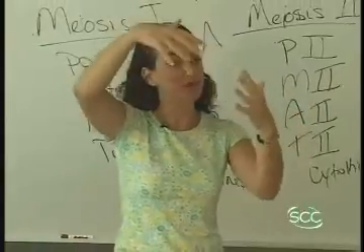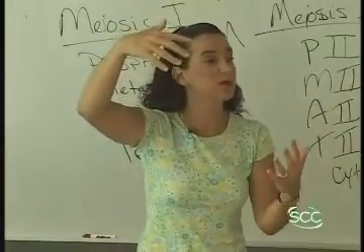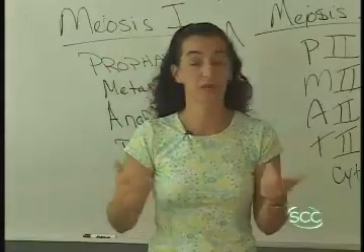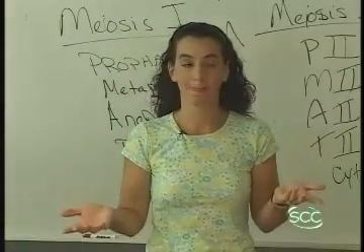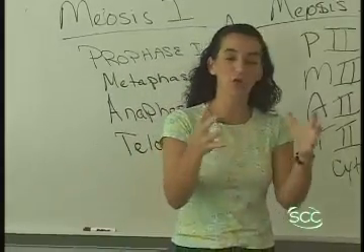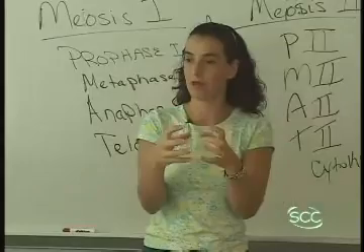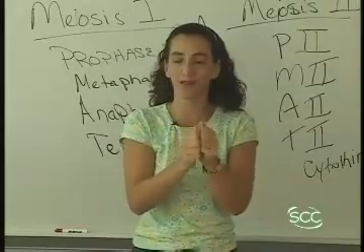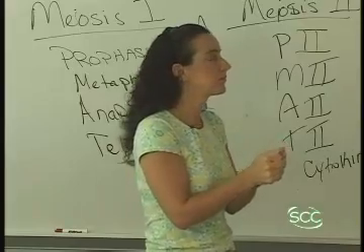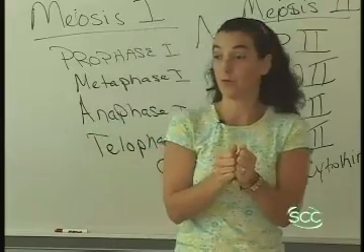These spindle fibers eventually will become kinetochore and non-kinetochore microtubules. Sound familiar? Another thing that happens during prophase 1 is our chromosomes condense down. They coil up. They get really tightly wound together. Sound familiar?